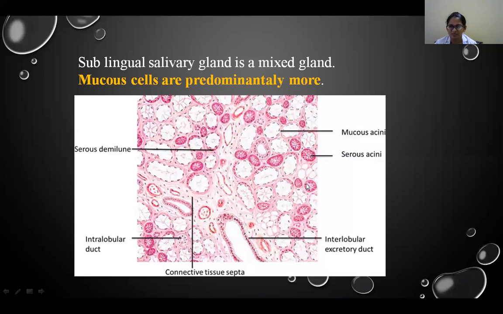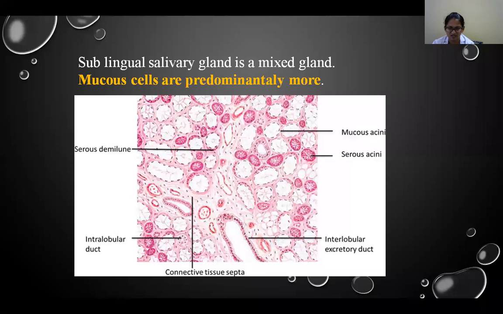Next, what epithelium do we see in the ductal system? For the intercalated ducts, the epithelium is simple cuboidal epithelium. For the striated ducts, the epithelium is simple columnar epithelium.